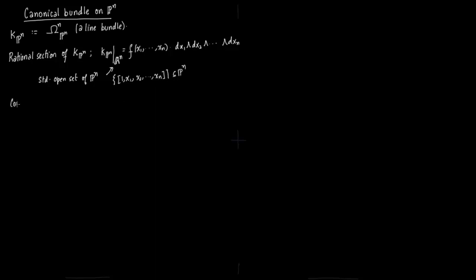This function f is a regular function of An. This f(x1, x2, all the way to xn) is a regular function of An. So now you consider this rational section omega.